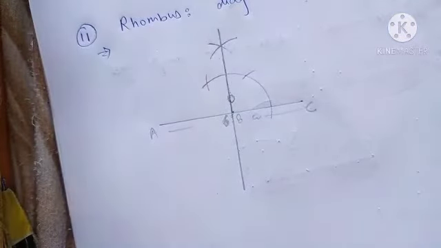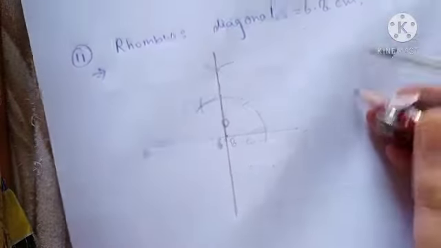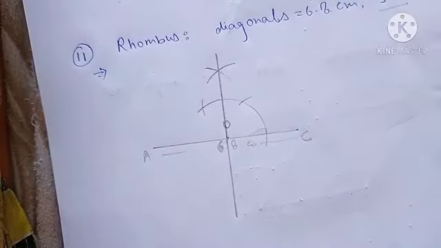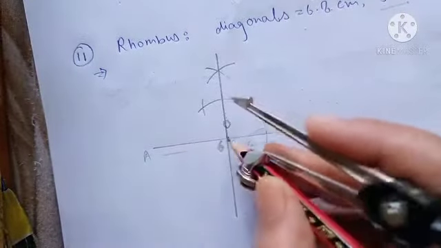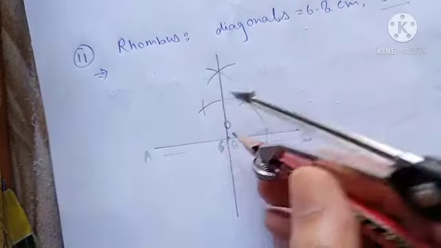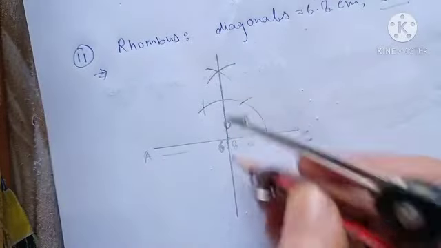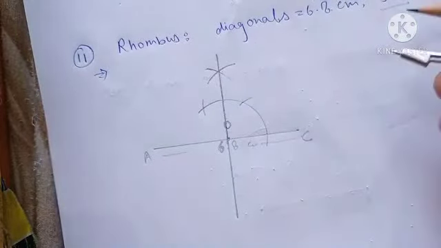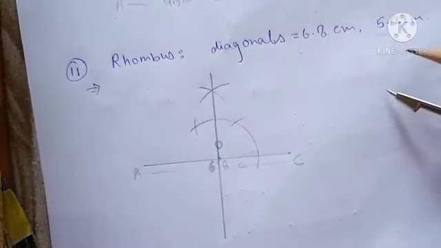Okay, now another diagonal is of 5.2 centimeter. Now we know very well that diagonals of a rhombus intersect each other and bisect each other. They bisect each other at 90 degree. So half of 5.2 will be 2.6 centimeter.